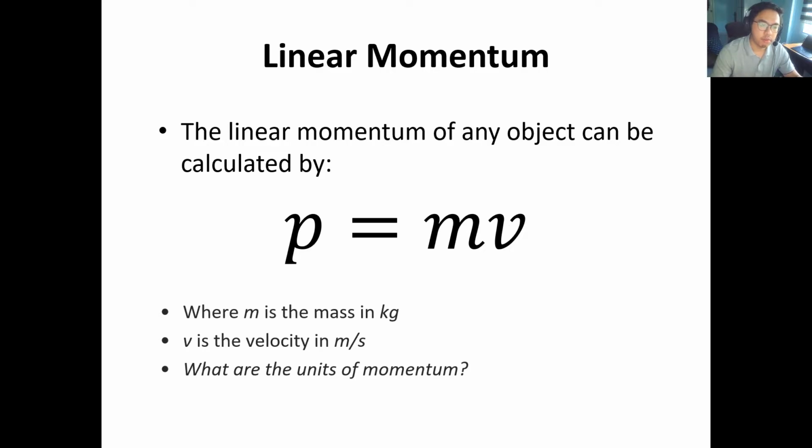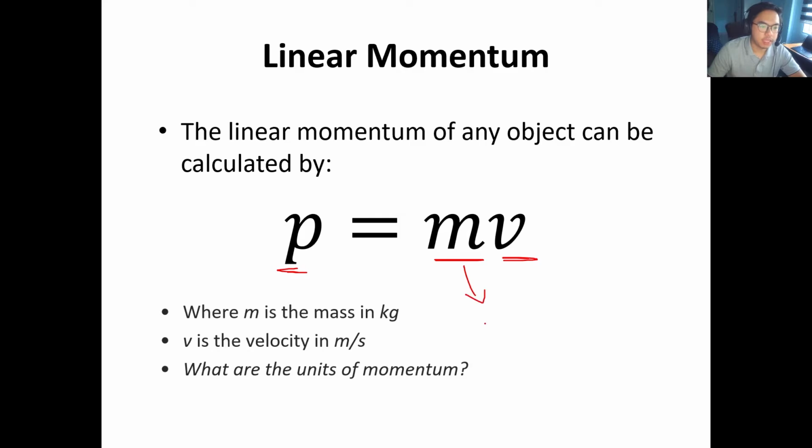Now we can calculate momentum using this equation. Momentum has the symbol p, equal to m times v. m stands for mass and v stands for velocity, or the speed of the object. From this equation, you can figure out the units of momentum. Momentum is equal to mass times velocity.